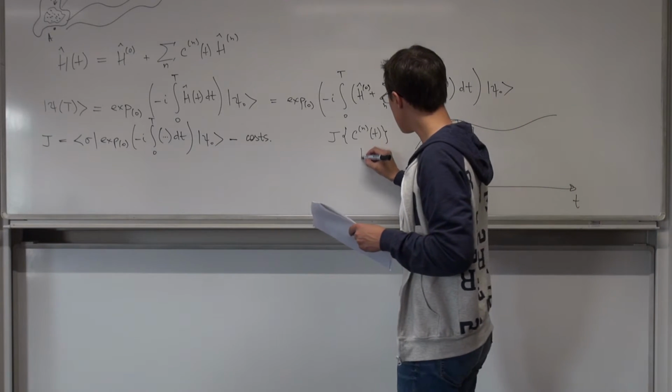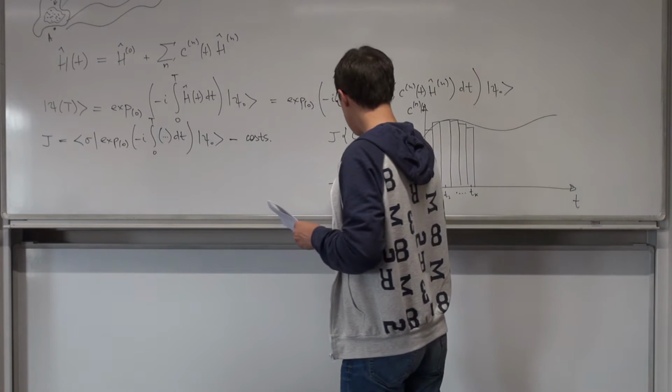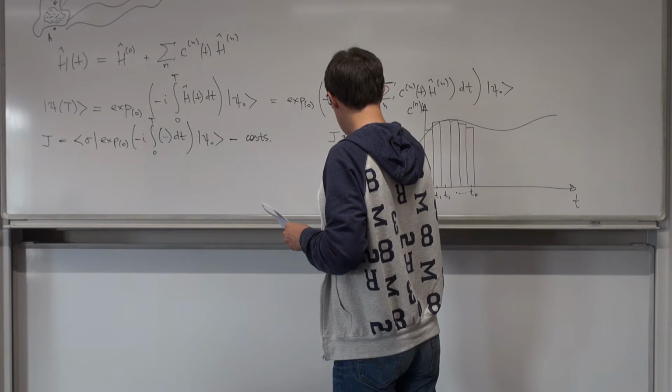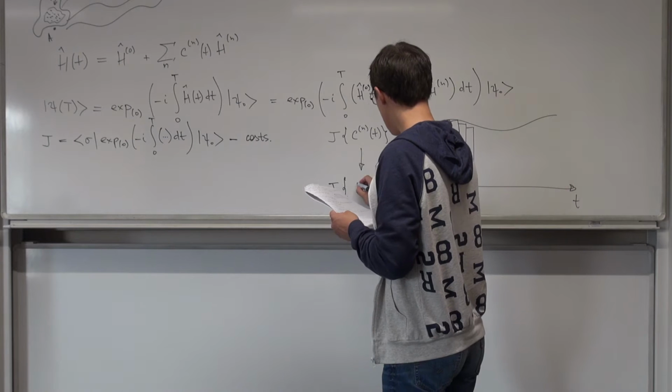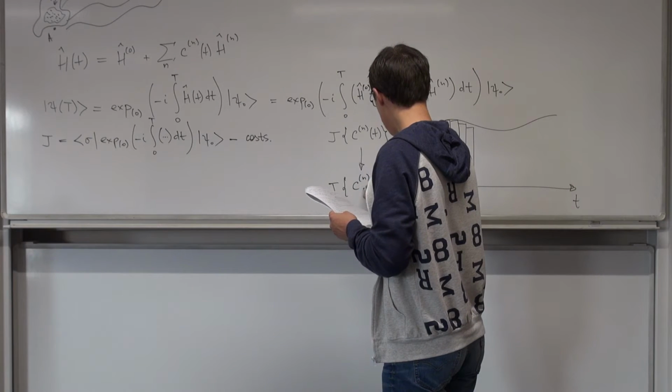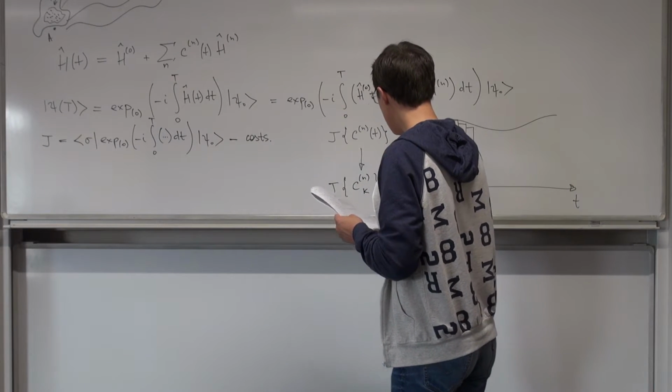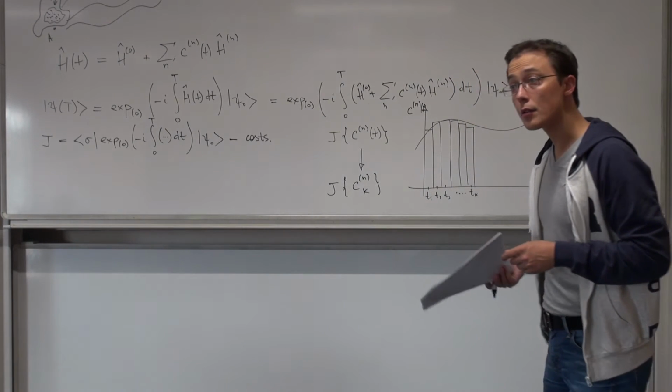So, in actual reality, what we have is J is a function, but of just a bunch of numbers. So, c and k, the control sequences.